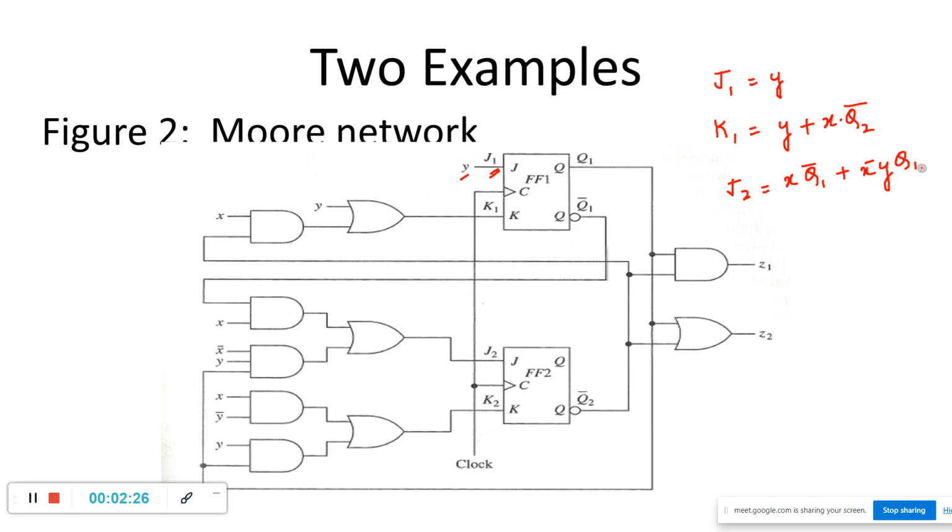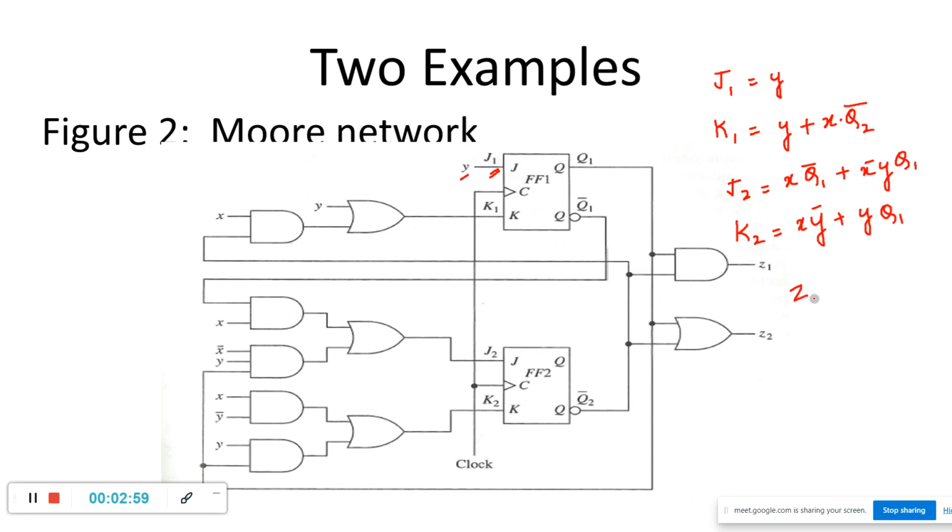Next, K2. For K2, we have XY bar plus XY bar plus Y into Q1, so YQ1.